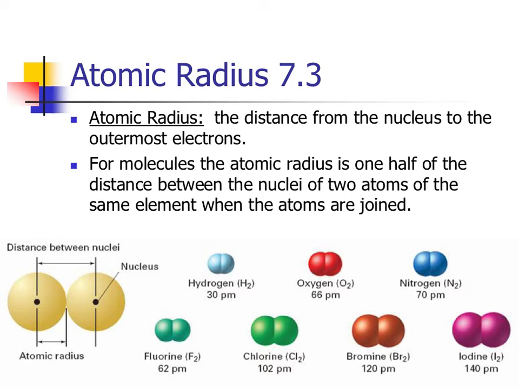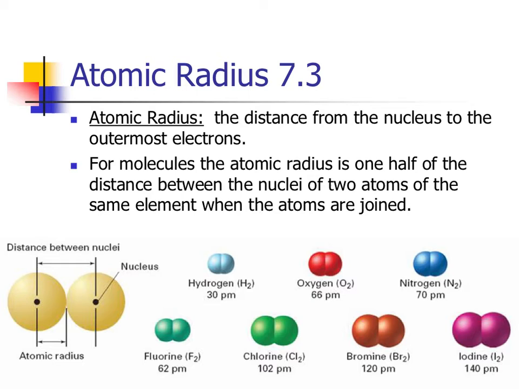Now, if we can see, we have that 30 picometers. That's very small because you're using pico, so that's somewhere on the order of times 10 to the -9th, I believe. It's really small.